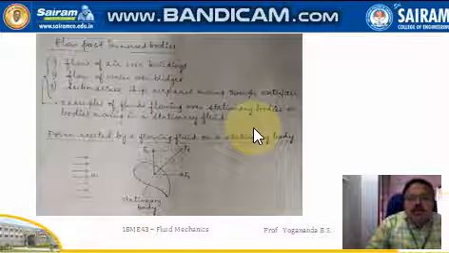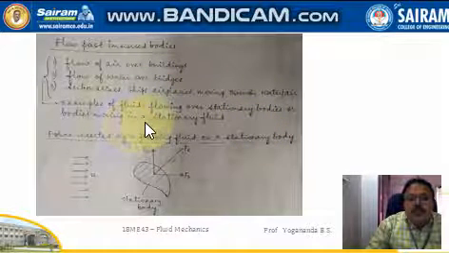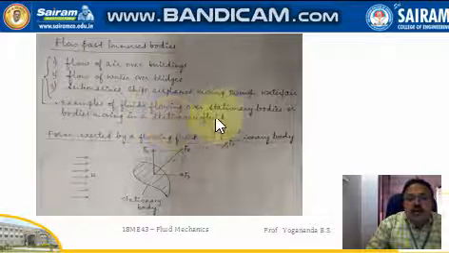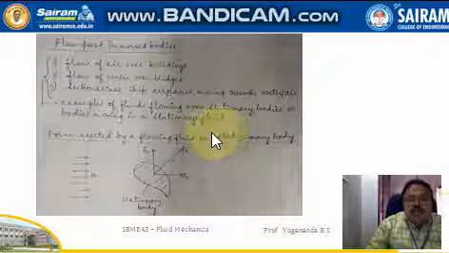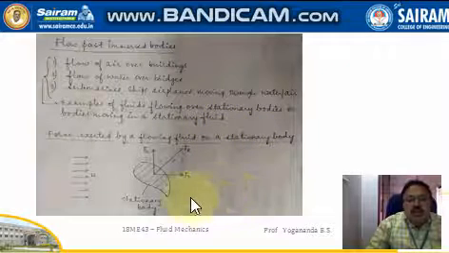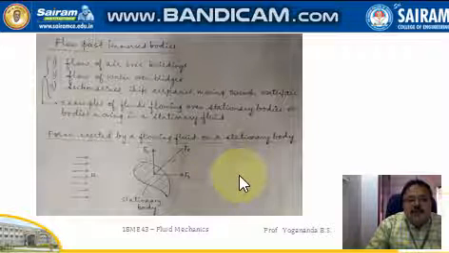So you can take the examples of fluids flowing over stationary bodies or bodies moving in a stationary fluid. Now coming to the force of drag and the force of lift.